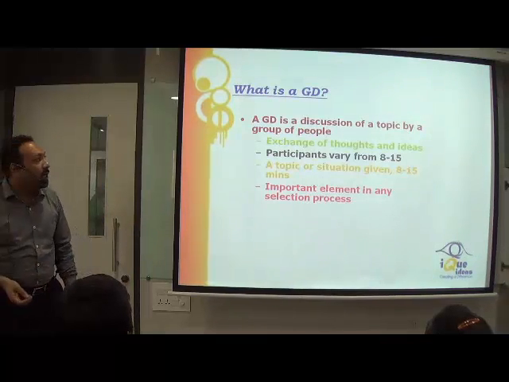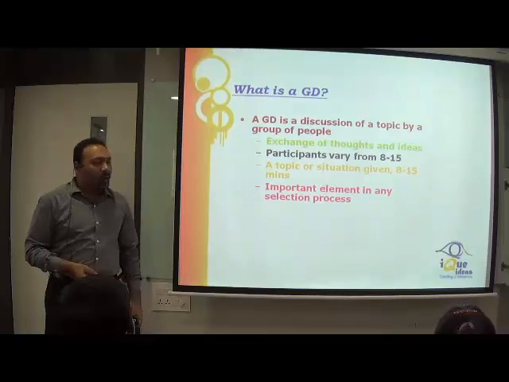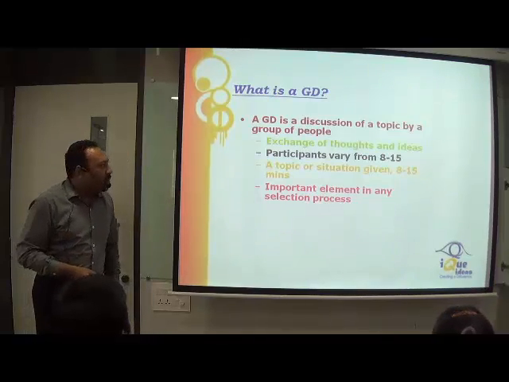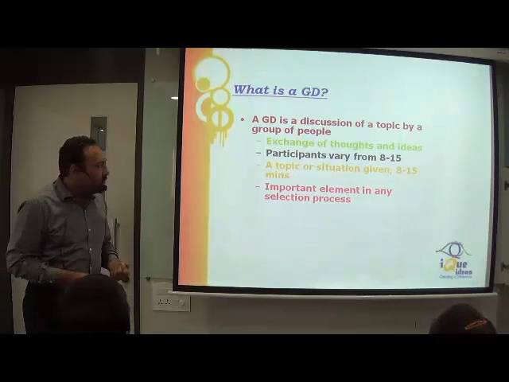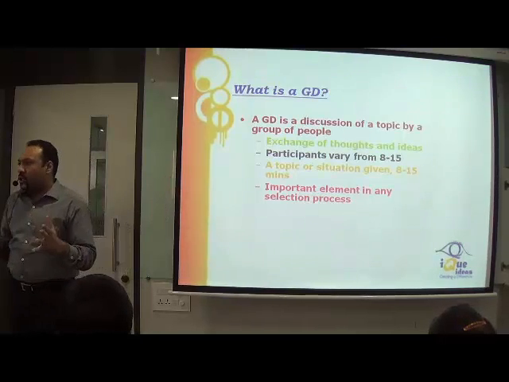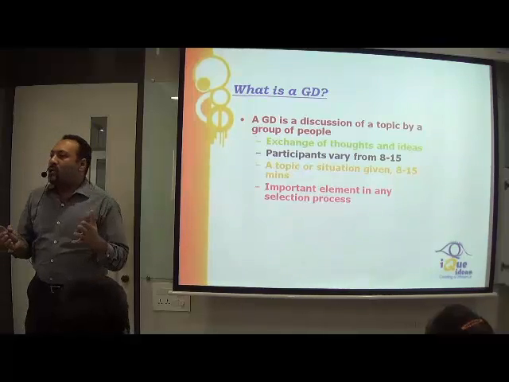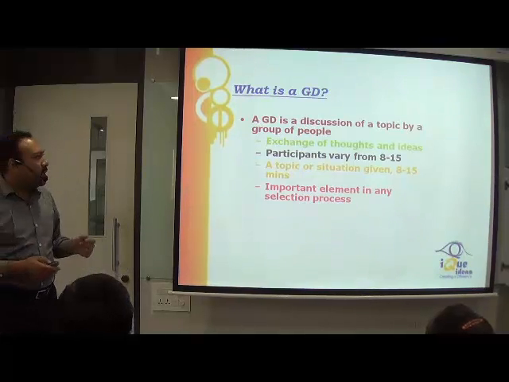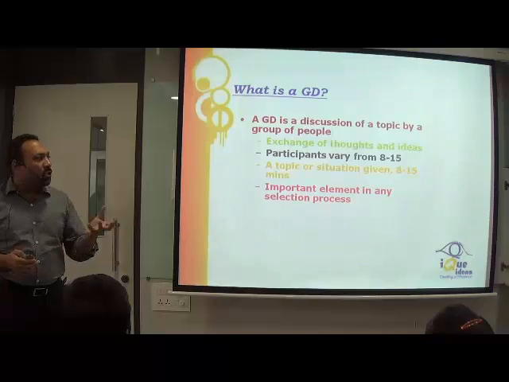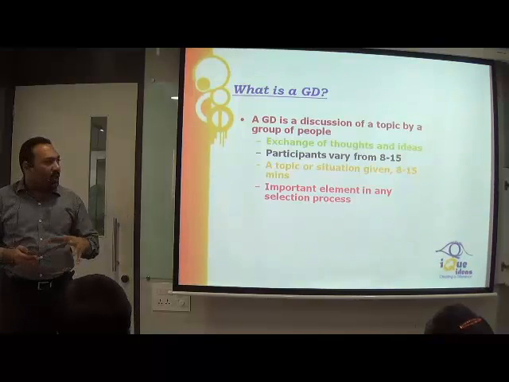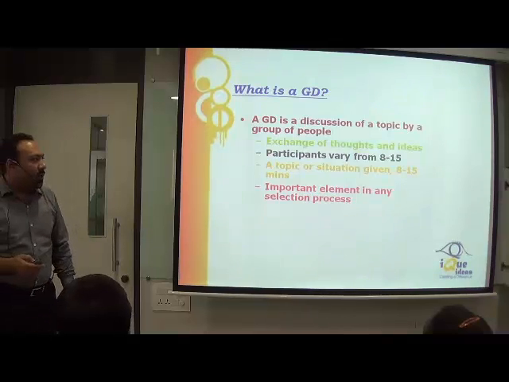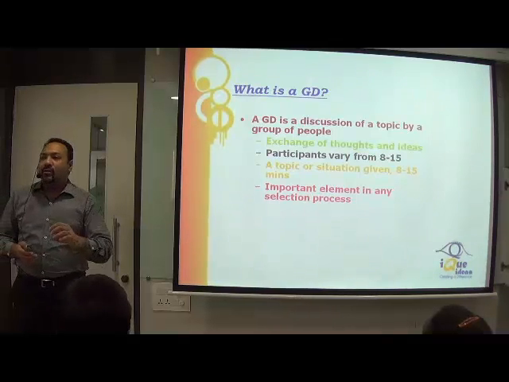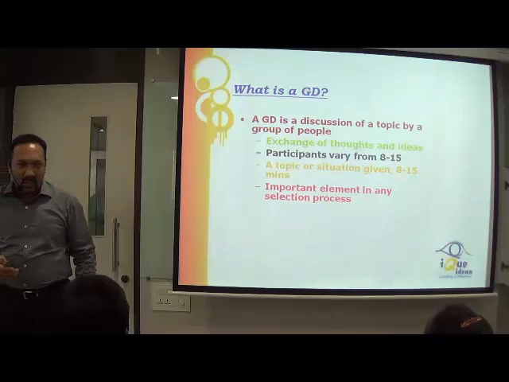GD is a discussion of a topic by a group of people where they exchange thoughts and ideas. Participation may vary from 8 to 15 candidates. Topic or a situation may be given. And generally 8 to 15 minutes are given. And it's an important element of any selection process.